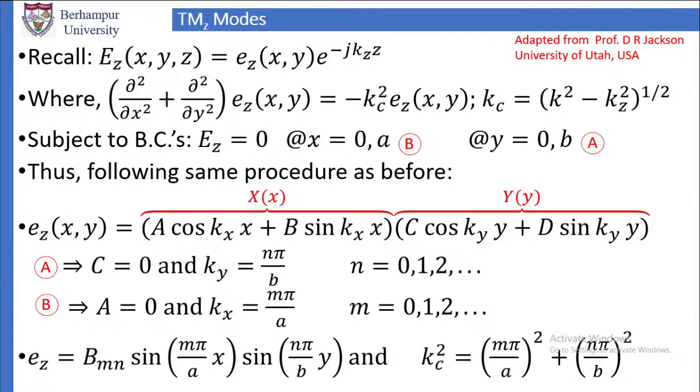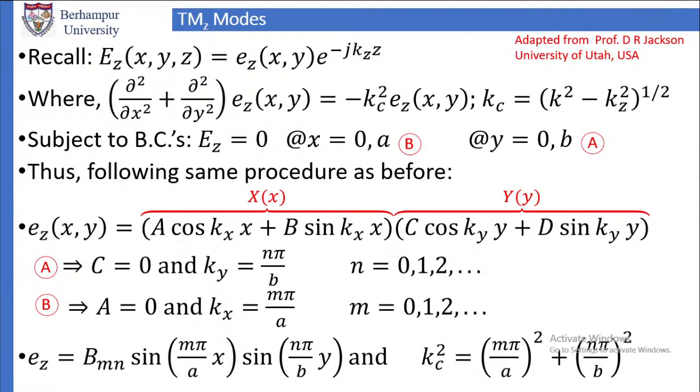Then the second condition. Once you know capital C is equal to 0, then capital Y is equal to D into sine ky y. Now put small y is equal to b. So D into sine kyb is equal to 0, because capital Y is equal to 0 when small y is equal to b. D is not equal to 0.